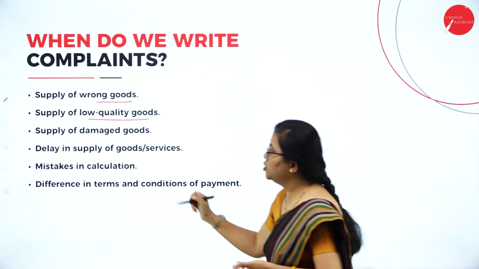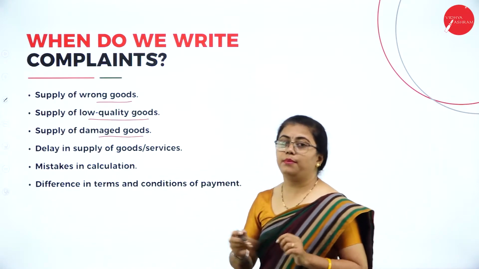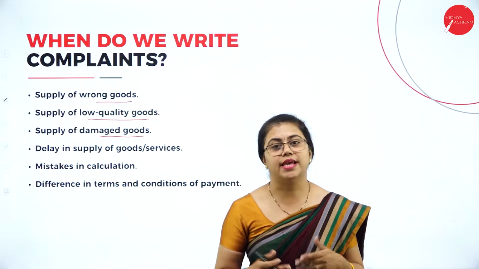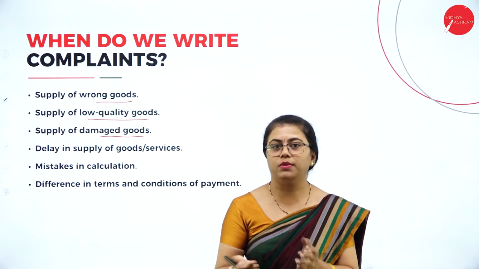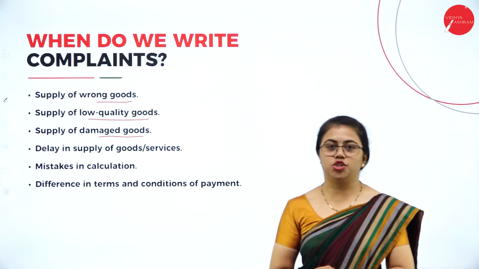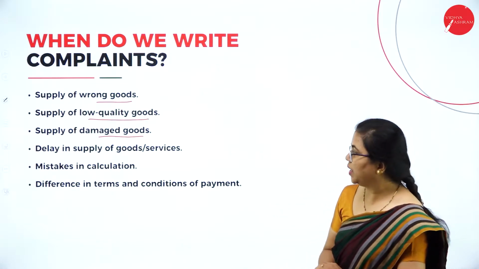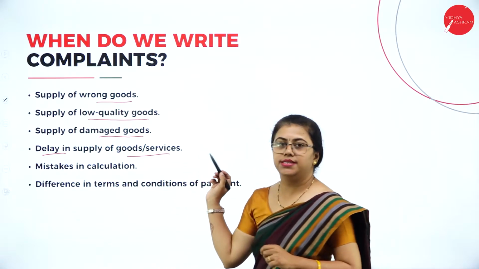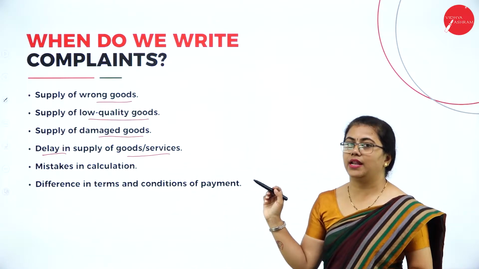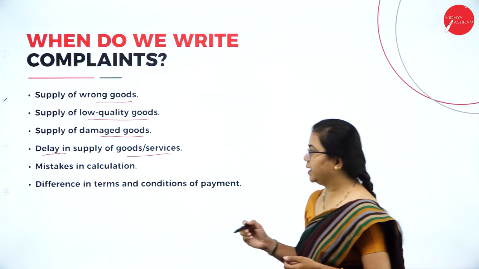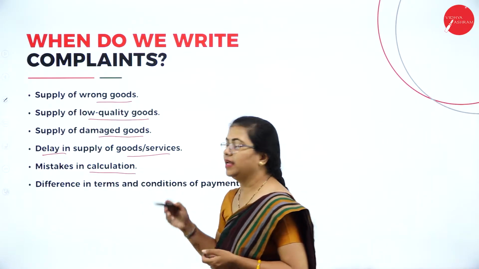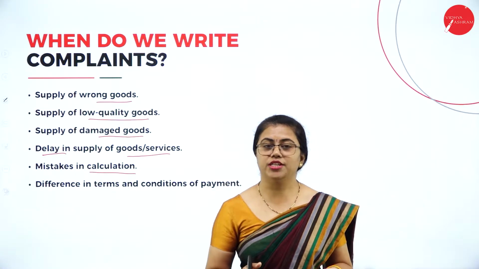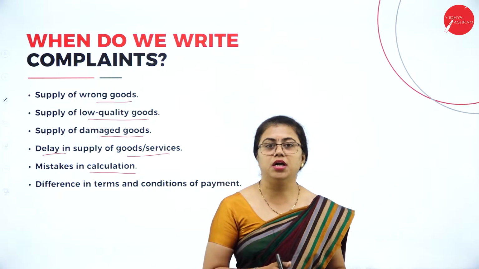Or it also may be the supply of damaged goods. That also may be a reason wherein the buyer has to write a complaint. Or maybe there is a delay in supply of goods and services. This also is another reason to write a complaint, or maybe a mistake in calculation. Maybe the supplier has actually calculated a higher amount or maybe a lower amount.